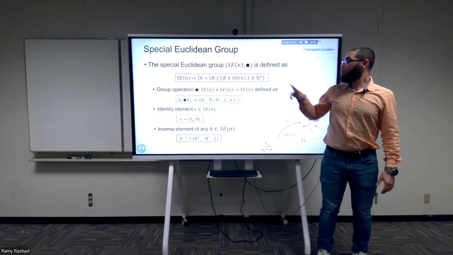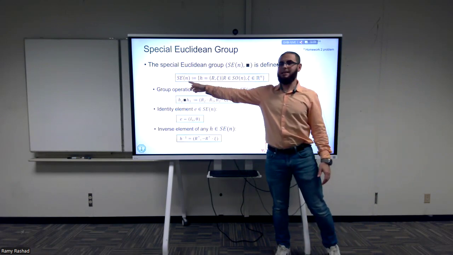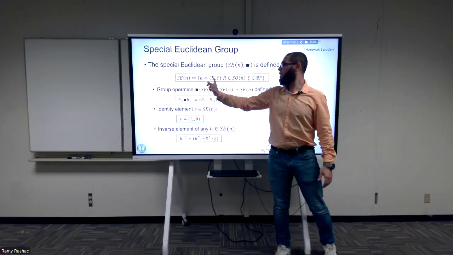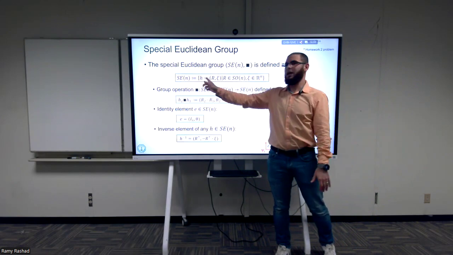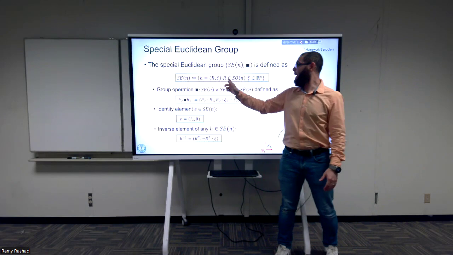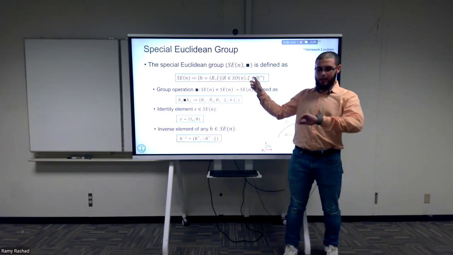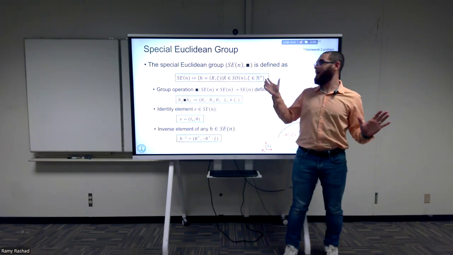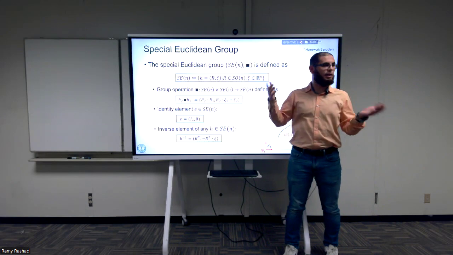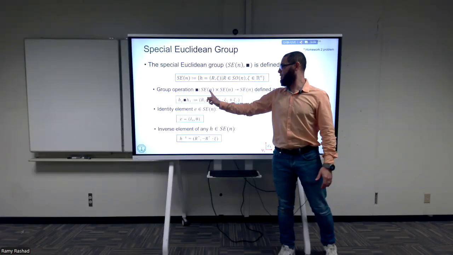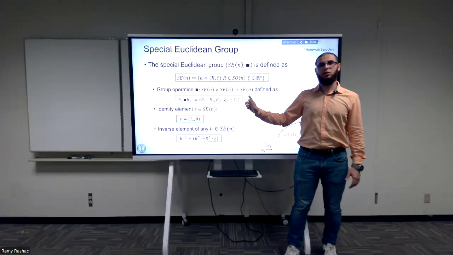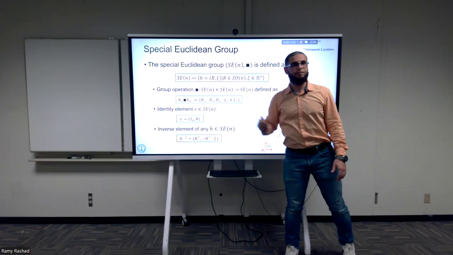So again, first of all, what is the SEN? SEN is a pair of R and psi. The pair of them together I can call small h, such that R lives in SON and psi lives in Rn. So this is the set, but I still need to define the group operation. The operation that takes an element of SEN and an element of SEN and sends you to SEN looks like this.